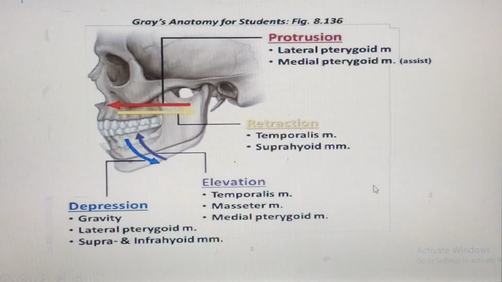One key thing is that only the medial pterygoid is supplied by the main trunk of the mandibular nerve. The remaining ones mainly get their supply from the anterior division of the mandibular nerve.